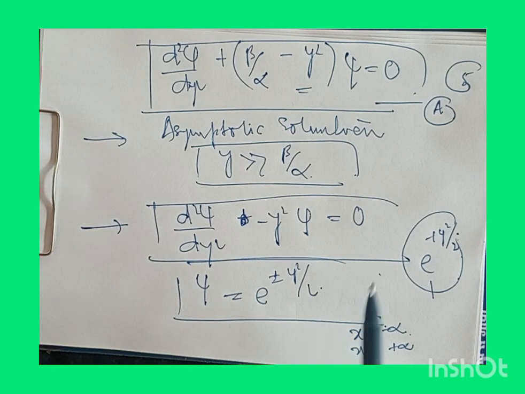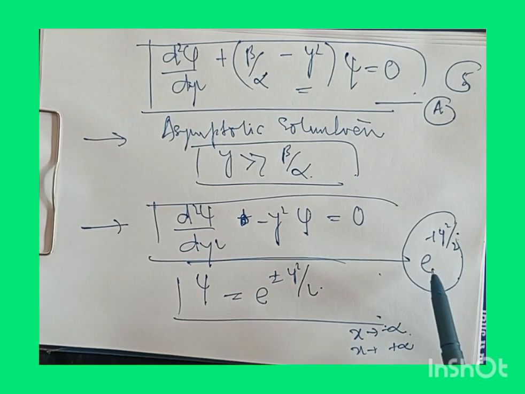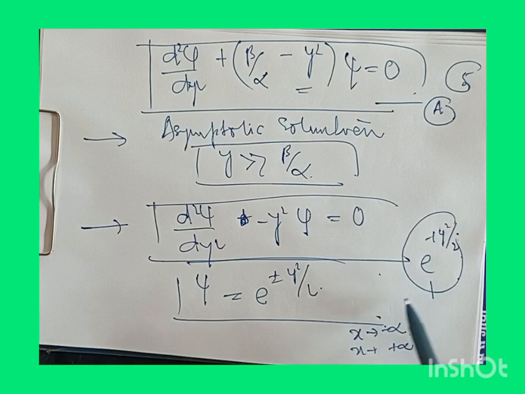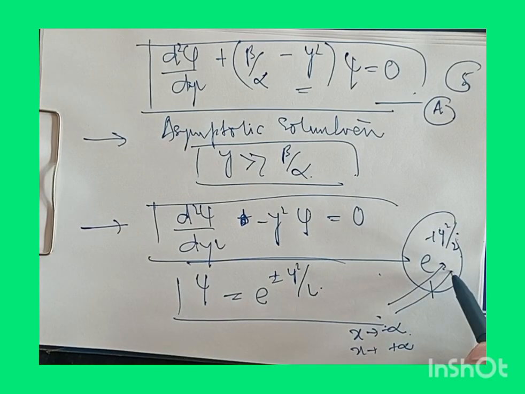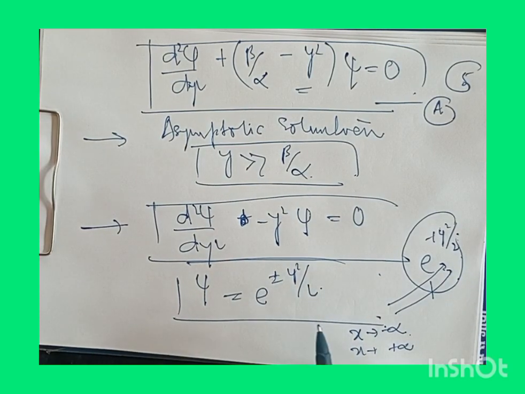Therefore, this solution, psi equals e to the power of plus y squared by 2, is a function that is rapidly increasing. This cannot be the acceptable solution for the function.